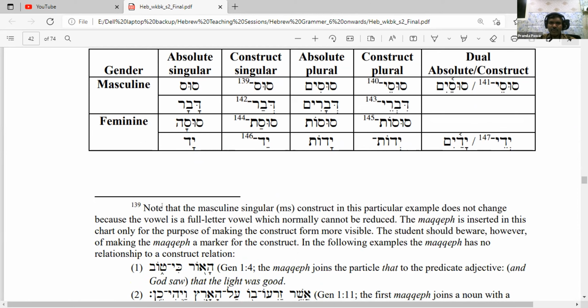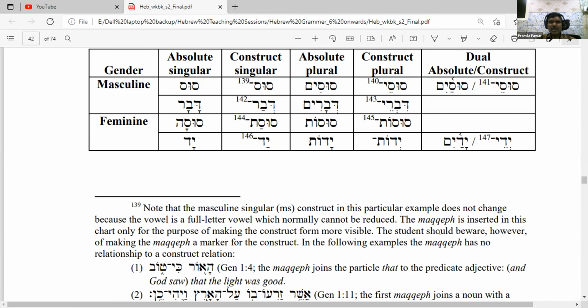Here in example 139, sus is given, and they have given a footnote: note that the masculine singular construct in this particular example does not change because the vowel is a full letter vowel, which normally cannot be reduced. The makep is inserted in this chart only for the purpose of making the construct form more visible.